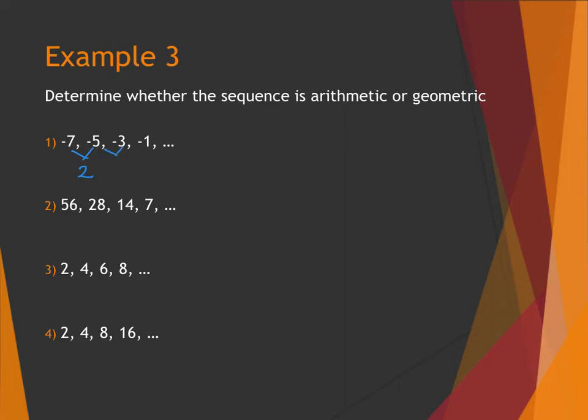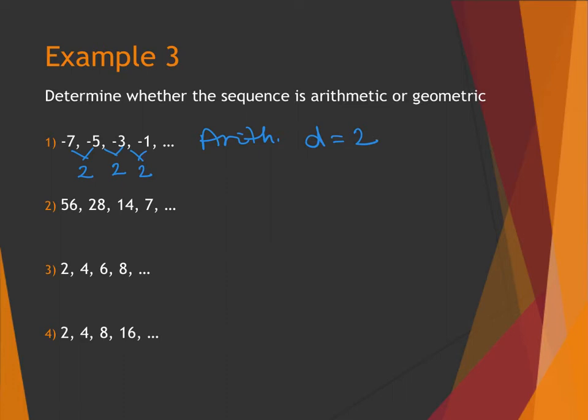If I do that with these next two terms, -3 minus -5, that's also going to give me a +2, and I'm just going to double check. -1 minus -3 is also a +2, so this right here is going to be arithmetic, and the common difference is 2.